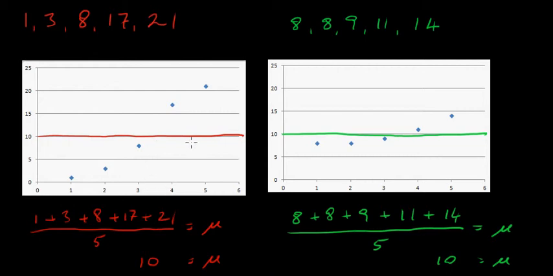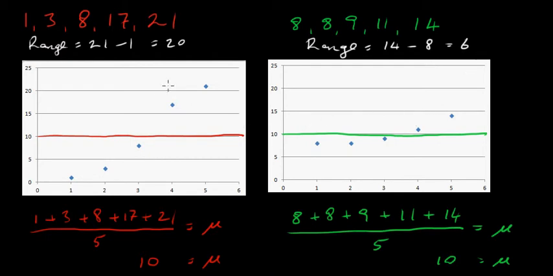Well, actually one way you can measure this before we even do that is just simply the range. So we can measure the range of this set of data here, which is just simply 21 minus 1, the largest number minus the smallest, and we can see that's going to be 20. And the range over here is just simply going to be 14 minus 8, so that will just give us 6.